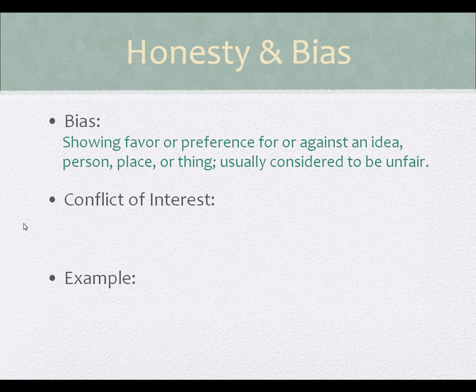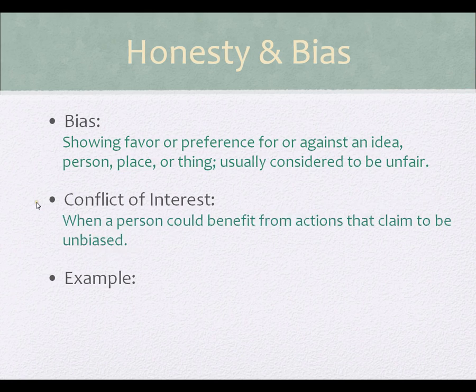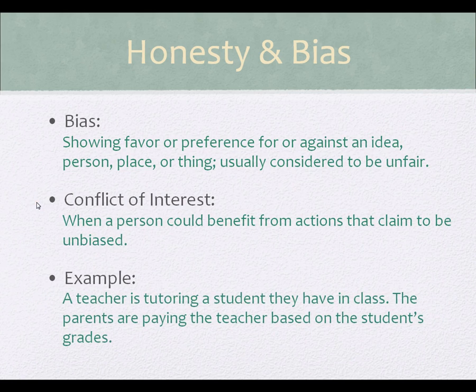Usually considered to be unfair. Meaning bias is usually considered to be unfair. And there is a statistical bias, a mathematical bias, and one of the things that helps us avoid that type of bias is having large sample groups. And that's it.